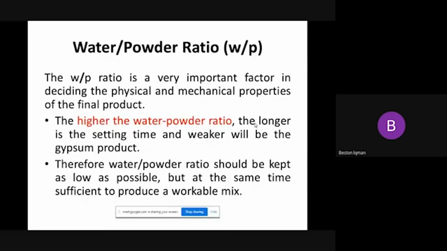That's why the water powder ratio should be kept as low as possible. You cannot increase the water according to your own mind, but according to the manufacturer.